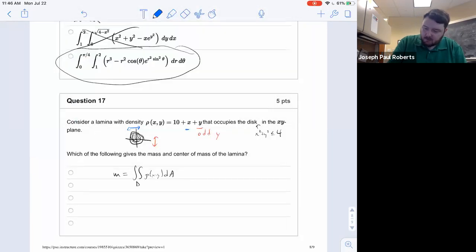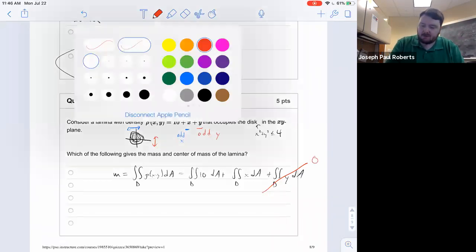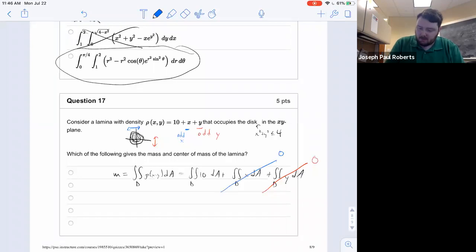This term here is odd with respect to x. So when you go through, you could do the double integral of 10 plus the double integral of x plus the double integral of y. But because of the symmetry of the region and the odd symmetry of the function y, that integrates to 0. Similarly, that integrates to 0. And so for the mass, you just get 10 times the area, which is then pi times 2 squared because it's a disk, so 40 pi is your mass.